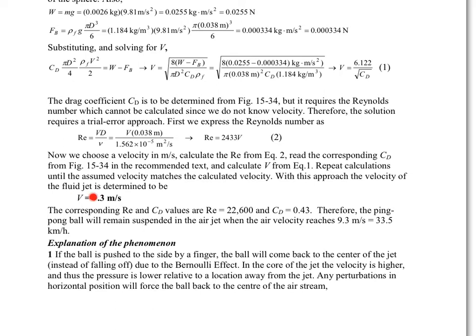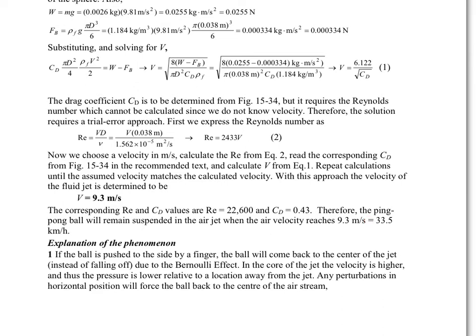And you will find that the velocity is around 9.3 meters per second, and the Reynolds number is around 22,600. Therefore, the ping pong ball is roughly having an effective velocity, or if you put it another way, the air jet has a velocity of 9.3 meters per second.